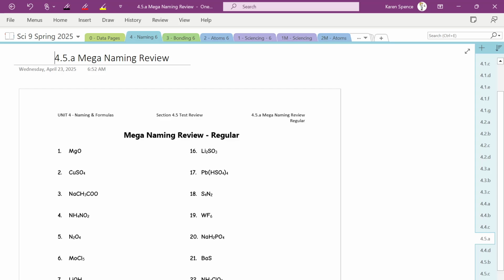So you have nitrite, ITE, and nitrate, ATE. And this one is nitride, which is just N. So what you would have is tin, which is 4+, and nitride, which is 3-, and you would need to balance those charges.